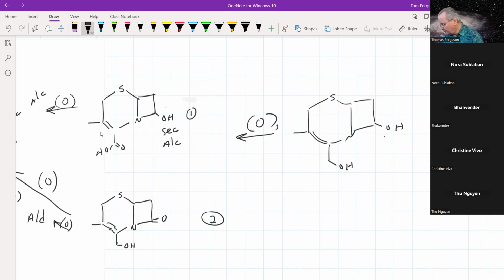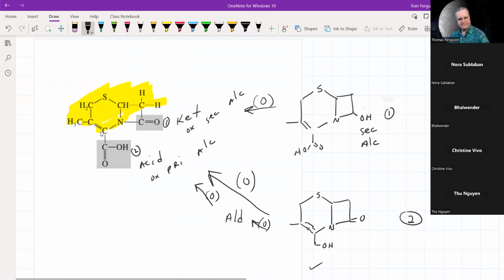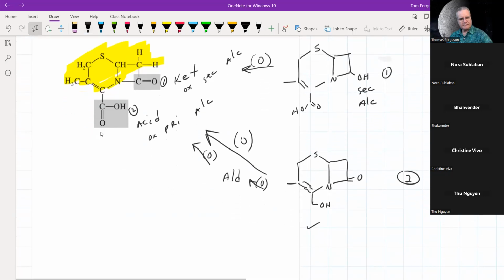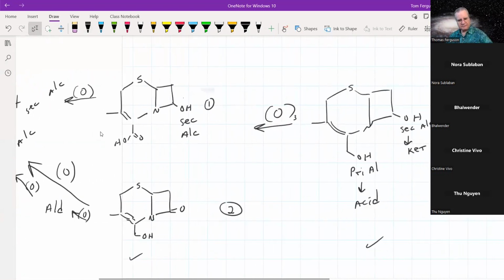This one here, we go to the ketone, so you can answer it this way or this way. Either one would be fine. We need some more time to draw this out.